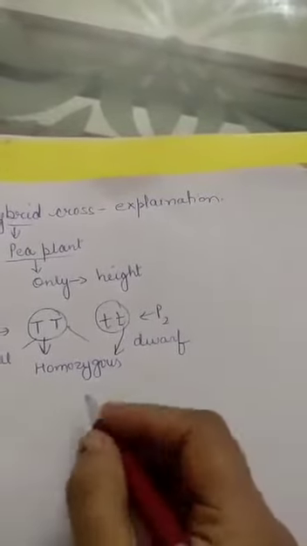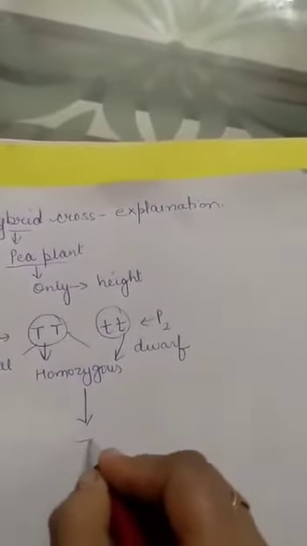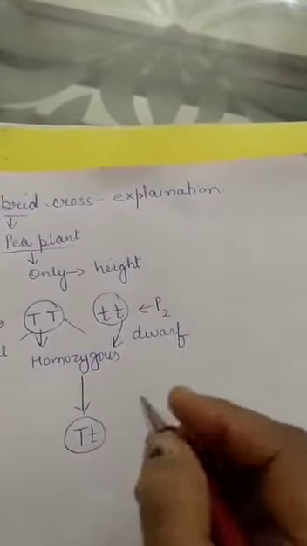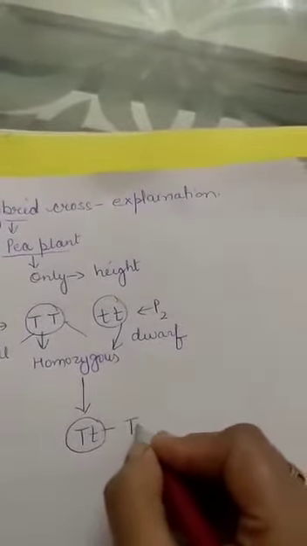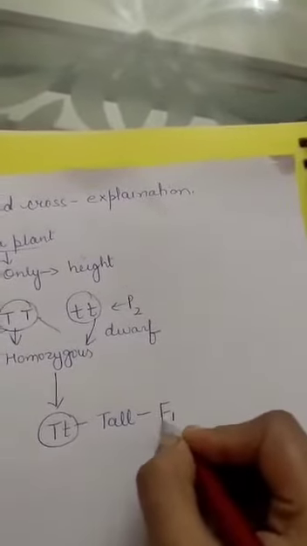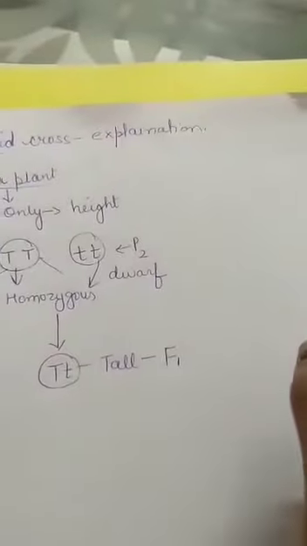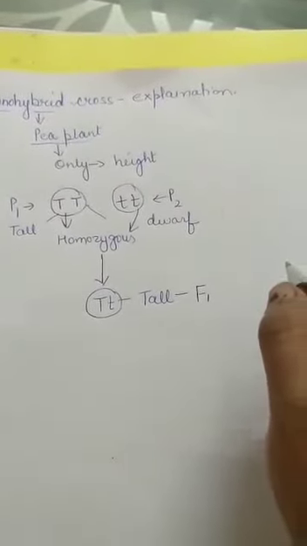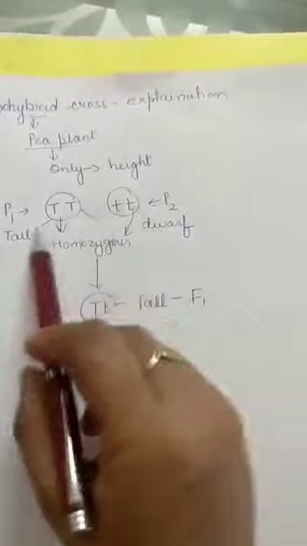When the cross was made, he obtained many plants, but all the plants were tall. So in the F1 generation, that is filial 1 or first generation, he obtained all tall plants.